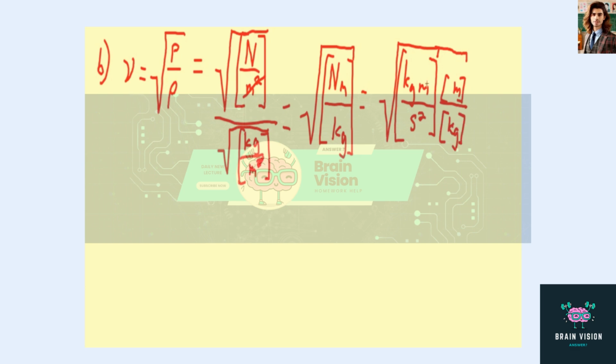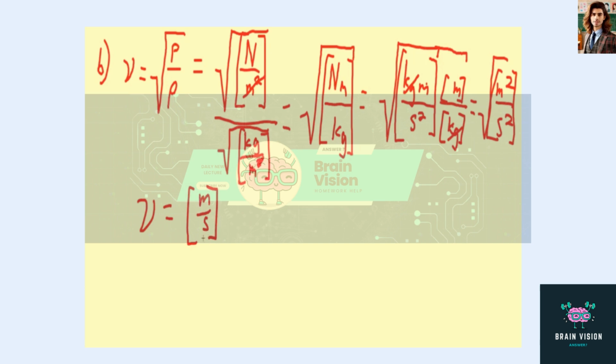So this kilograms cancels, and what are we left with? Square root of meters squared per second squared. And if we square root that, nu has units of meters per second.